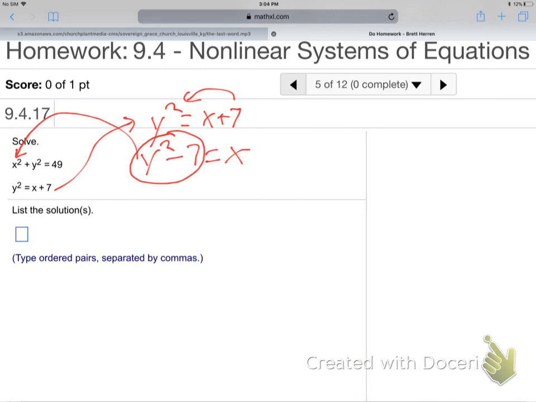We're going to get a mess. Y squared minus 7 squared. Does everybody see that? Y squared minus 7 squared plus y squared is 49.